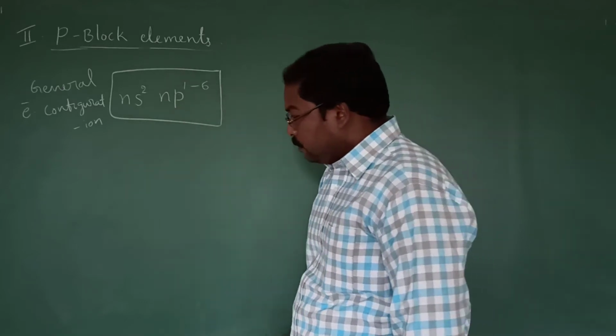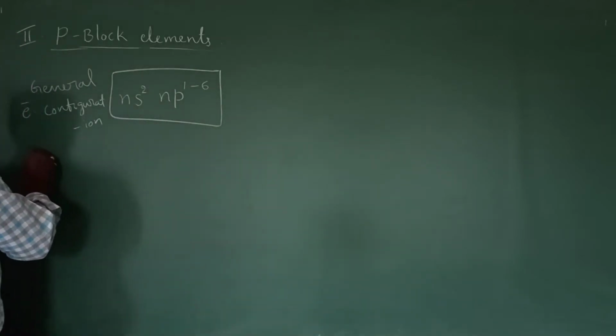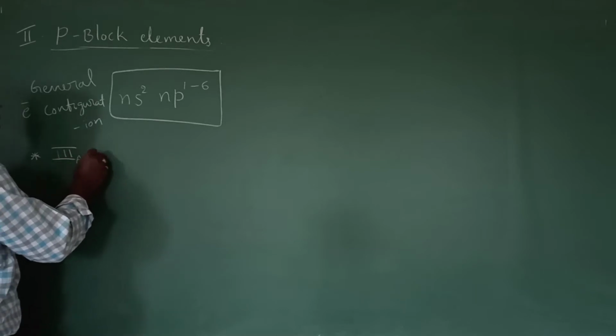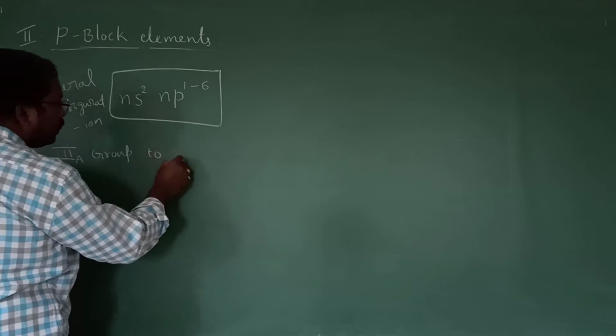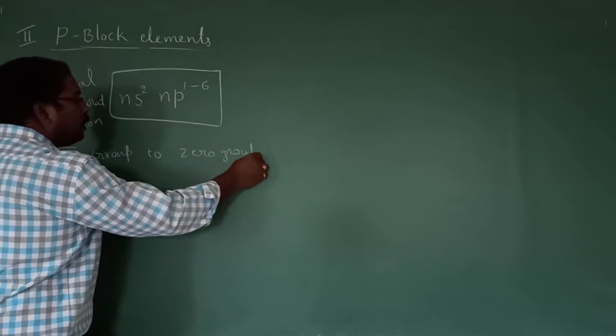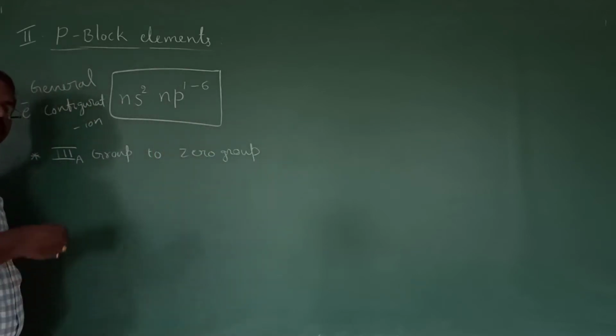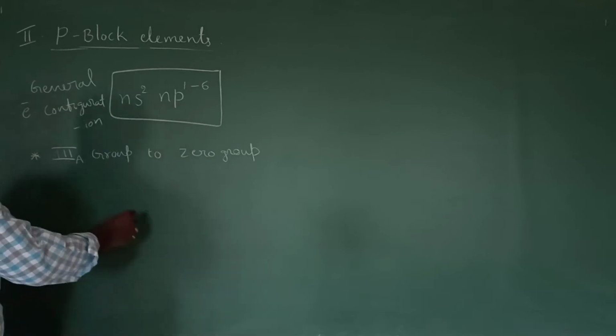Okay? So the groups that come under that are from third A group to 0 group. Third A, fourth A, fifth A, sixth A, seventh A as well as 0.